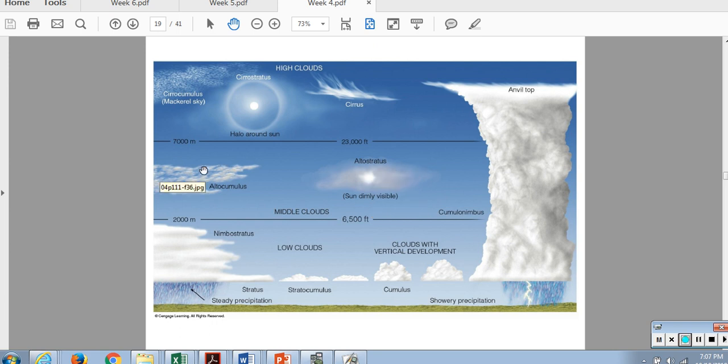So these altostratus will usually be very thin but expansive without much breaks, and not much waviness to it. It's very, very sheet-like, whereas the altocumulus will have, again, the bumpy clump-like appearance, typical for a cumulus type of cloud.